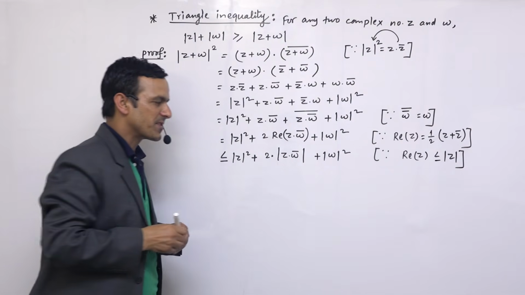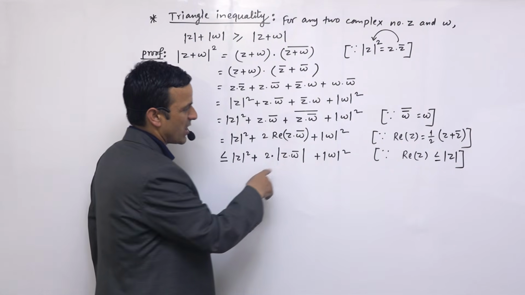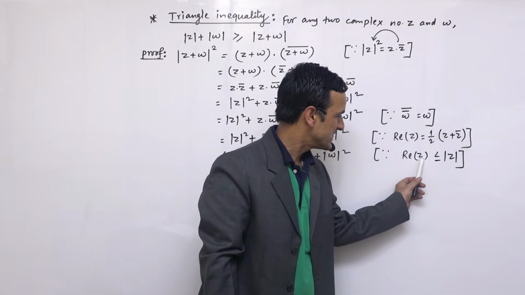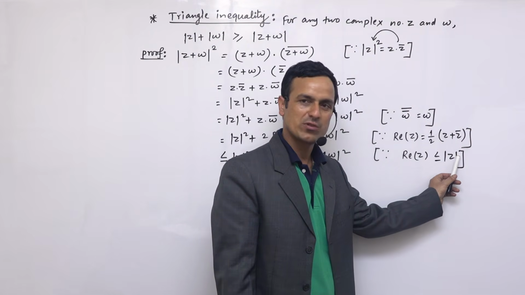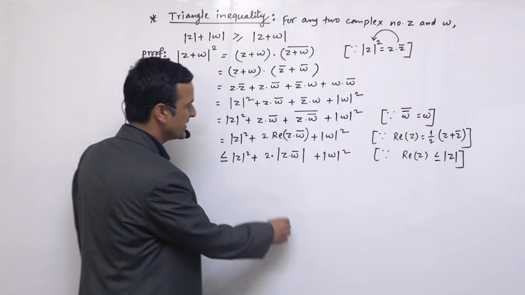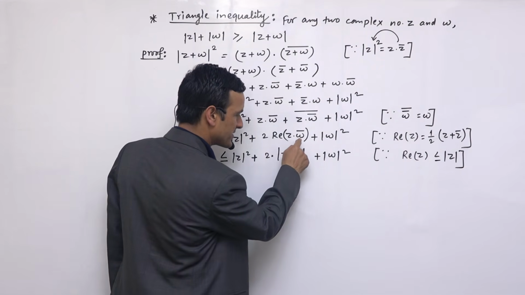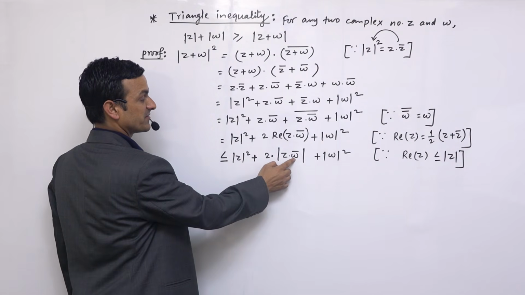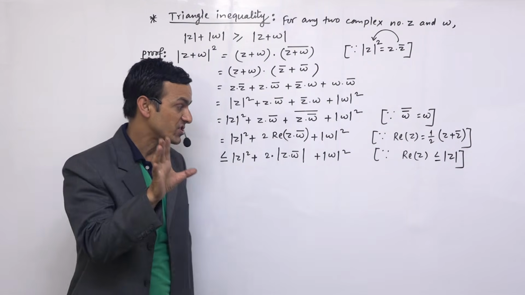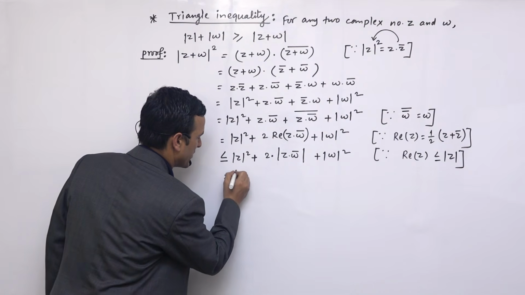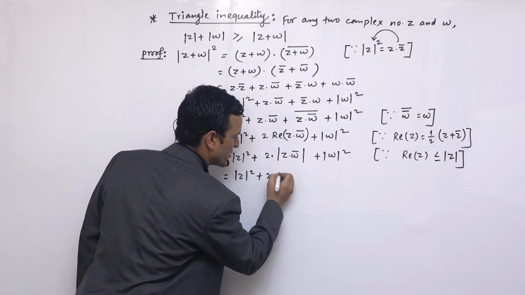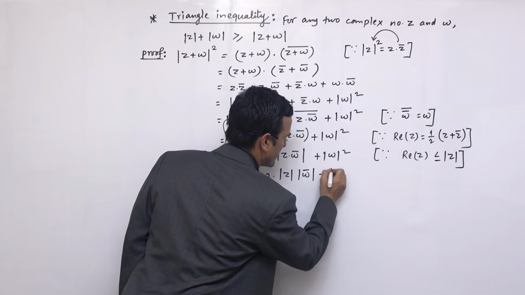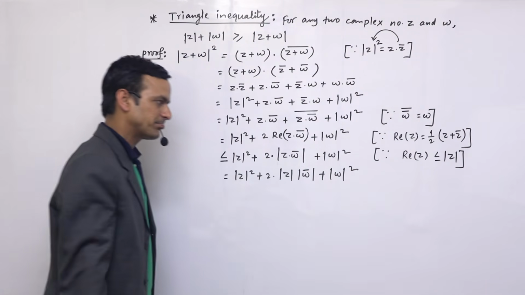So this comes from this relation. This is the real part of z, which is less than or equal to modulus z. So 2 is the same, and the real part of z means modulus z. This is modulus z, which is greater than this term. So if we do it like this, we get modulus z, modulus w conjugate plus modulus w squared.